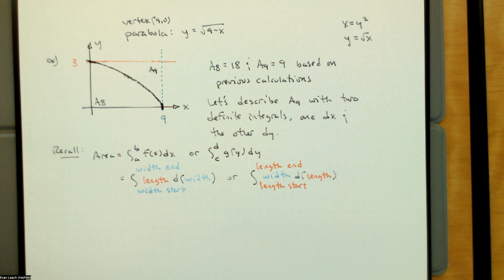All right, so let's find this. Let's set this up as a dx problem. So if we set this up as a dx integral, that means for a particular value of x, we're going to find the height that we want and use that for some small change in x.